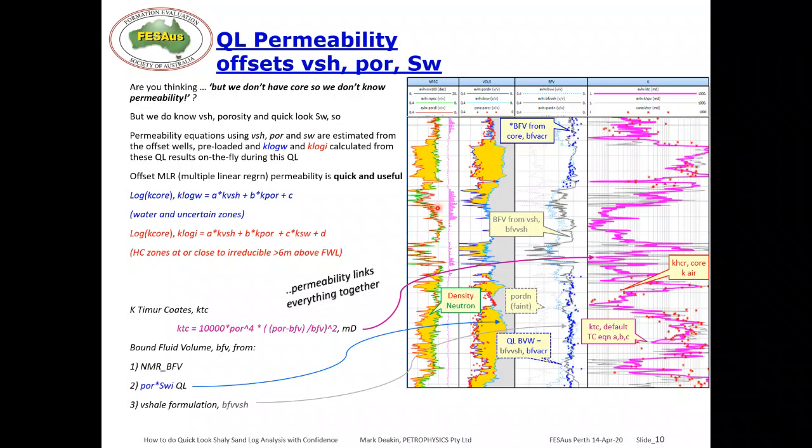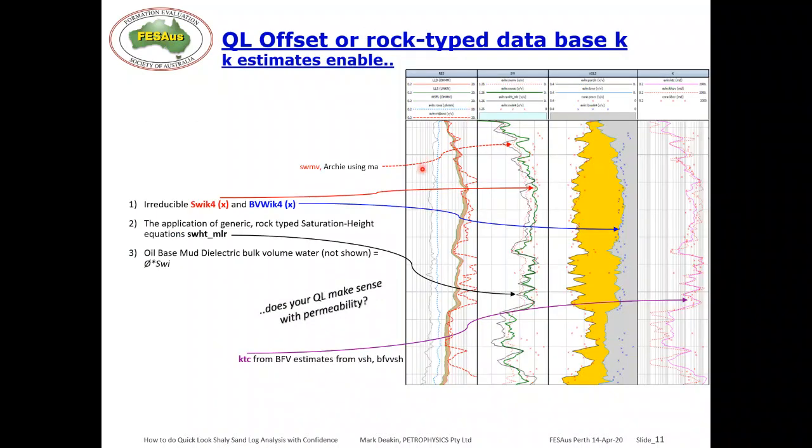Okay, what's next? Next we have quick look offsets or rock types database permeability. K estimates enable irreducible SW. So if you've got a database, like I've got this thing I call PetroDB, which I use extensively during this kind of work, you've got generic relationships for all these things.